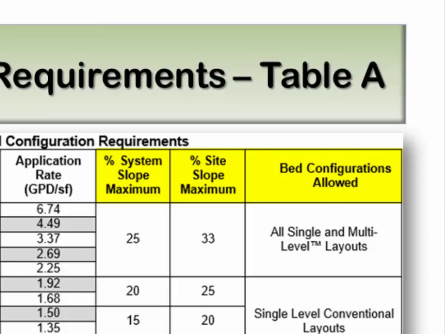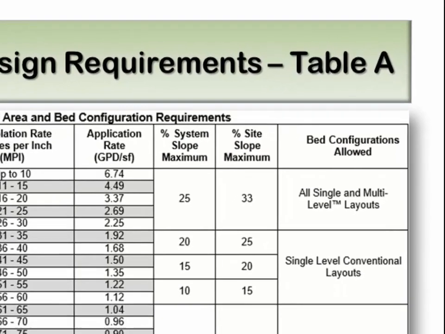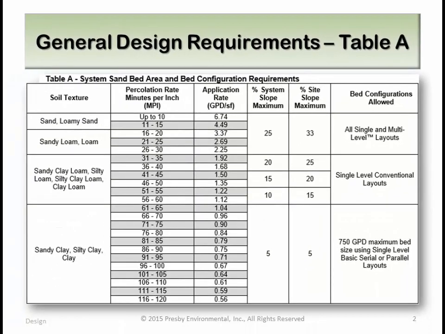Table A also shows the acceptable system and site slopes, and finally the allowable bed configurations for a given application rate. Depending on the application rate, different slopes for the bed and existing terrain are allowed. Bed configurations are also dependent on that application rate. In general, the better the application rate, the more design options are available for the site.